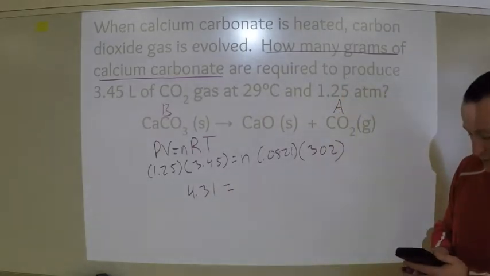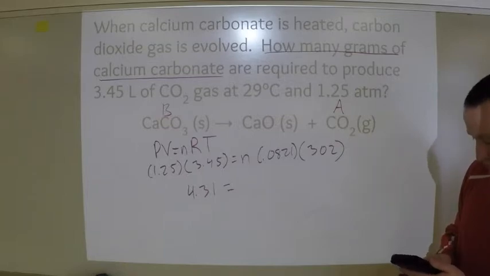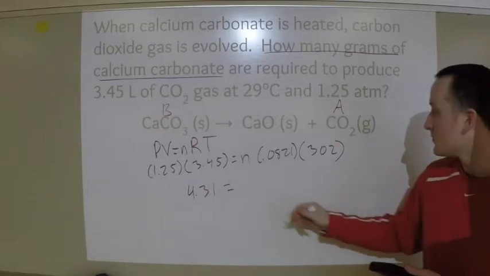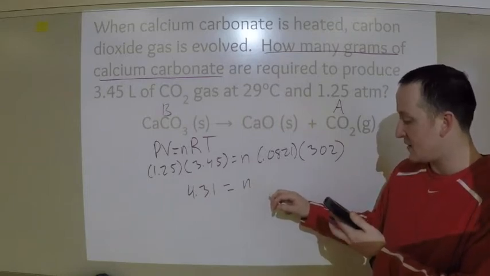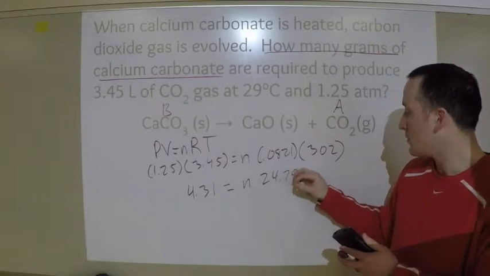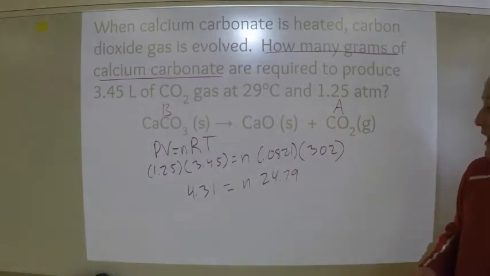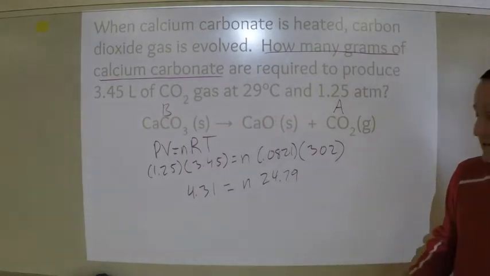I'm going to do 0.0821 times 302, which is 24.79. And now I'm going to divide both sides by 24.79.